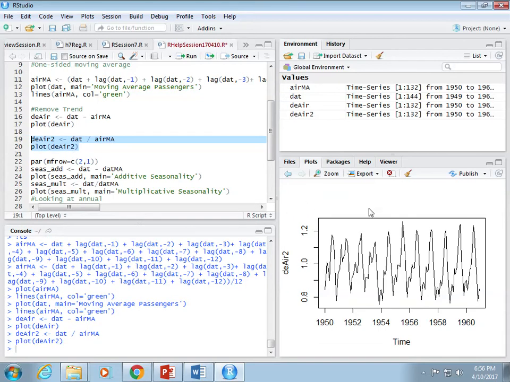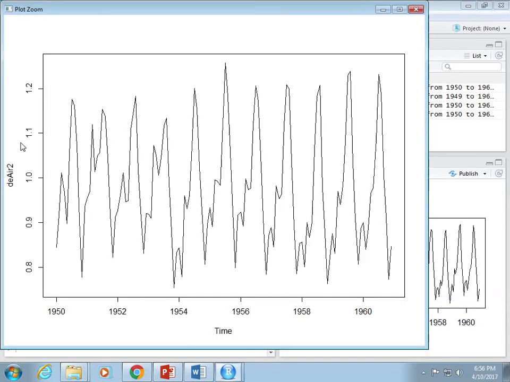And so if we try that out, this looks a little bit more steady, right? So we just tried out both of them, and for additive you just subtract out the trend, and for multiplicative you just divide by the trend. And you choose the one that's the most even across. Right. So we're trying to pick the one that's most even.